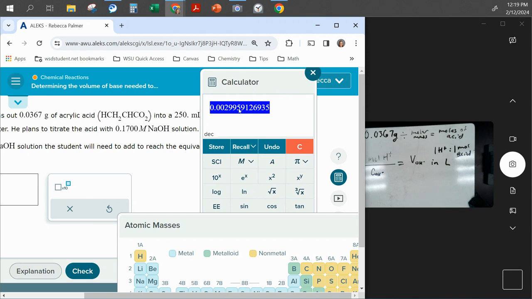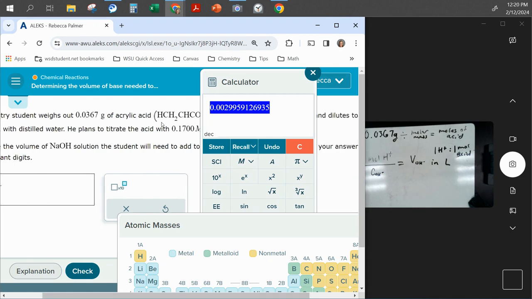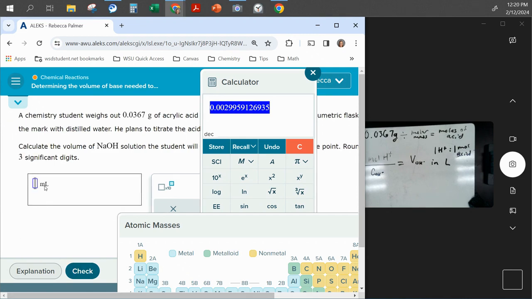And we have a 5. So we're going to round this one to 3.00. Let's check. We got 3 sig figs and 4 sig figs. So we're going to go with 3. So 3.00 milliliters. I'm rounding up to 3. Check.